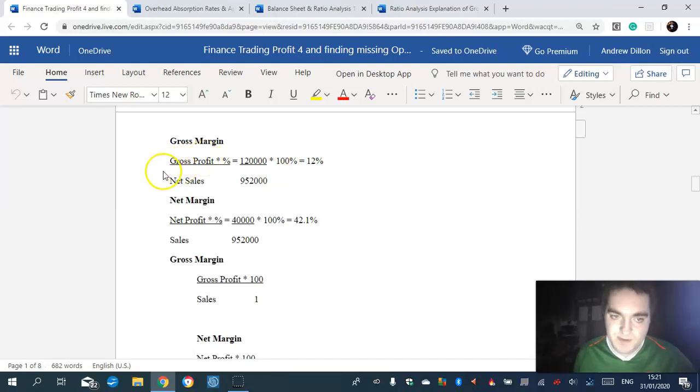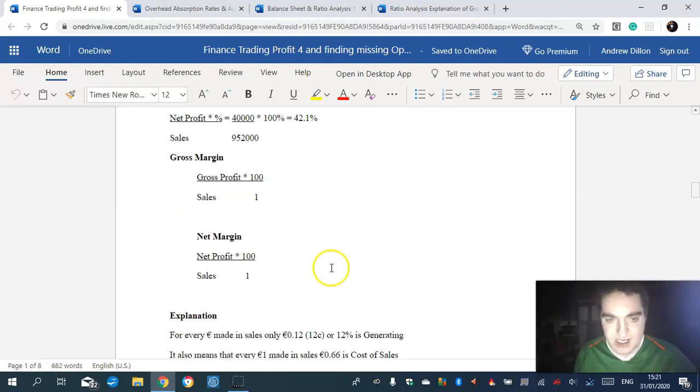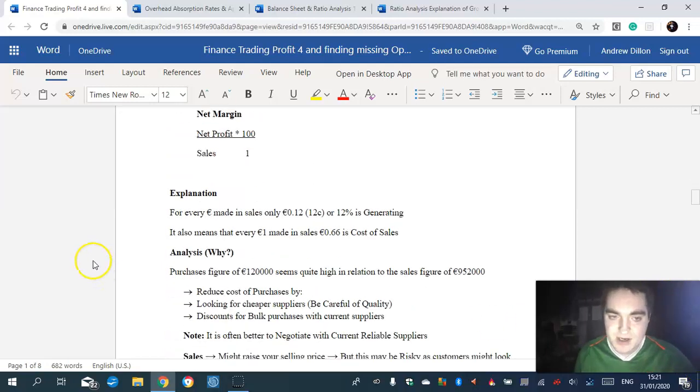So gross profit is over the net sales, and net profit over the sales. And that's an example right here, just a number example of how to find and analyze the figures. And here is the explanation of the figures and the analysis of why.